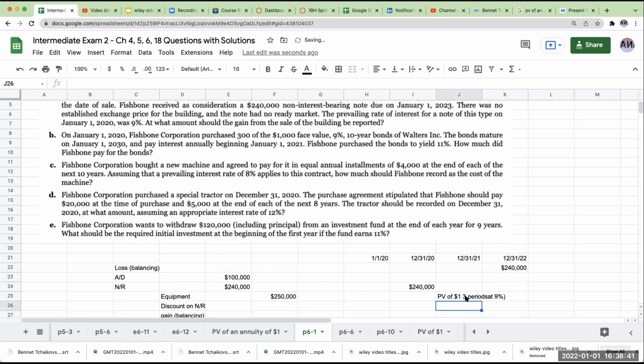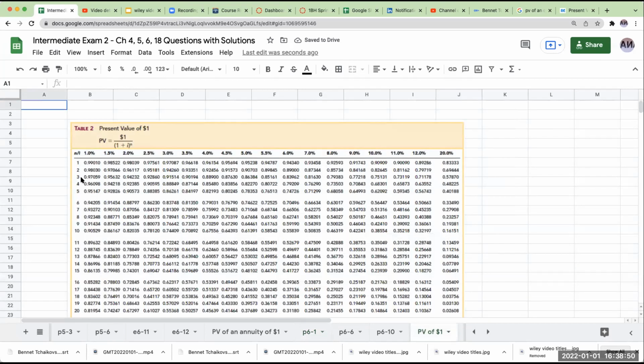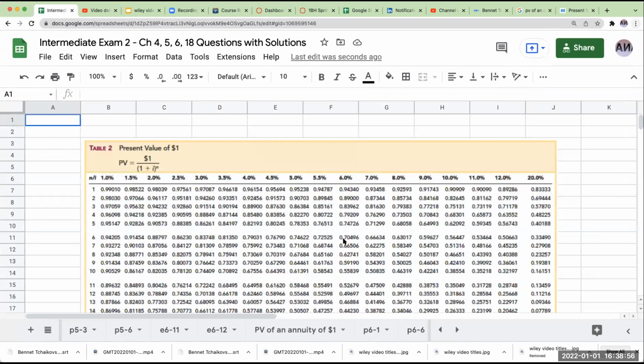So what I'm going to do is go to my present value of $1 table, and I'm going to go to 3 periods at 9%. And I'm going to get something telling me that I need to get better reading glasses. Folks at home, this is what will happen to you over time.